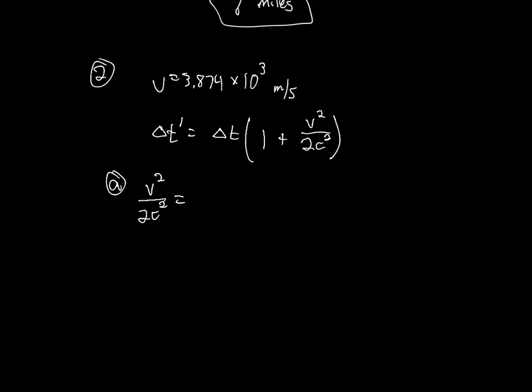Can I plug in the digits? Do I know what v is? Yeah, what's v? 3.874 times 10 to the third. And I square that. Divided by 2c squared. What's c? Speed of light, 3 times 10 to the 8th.